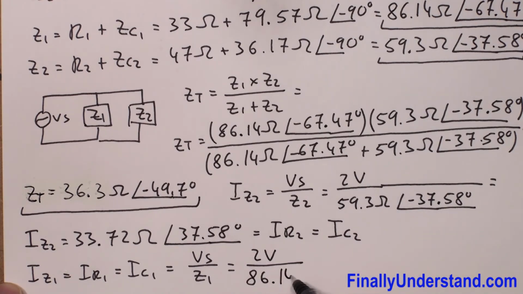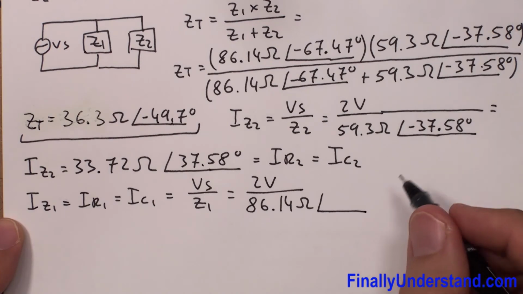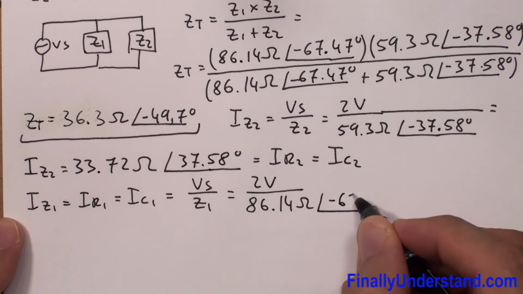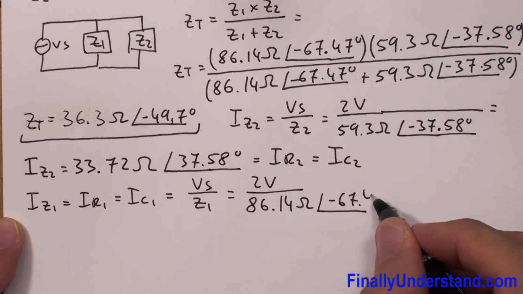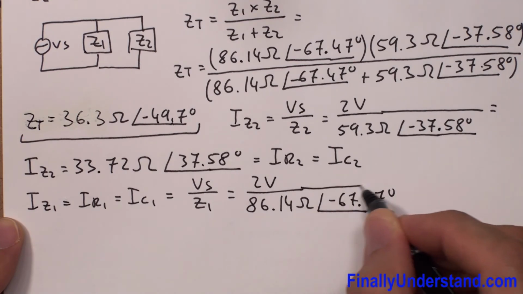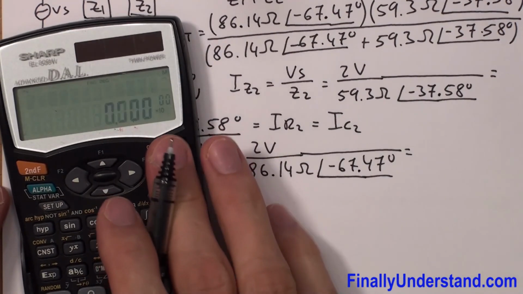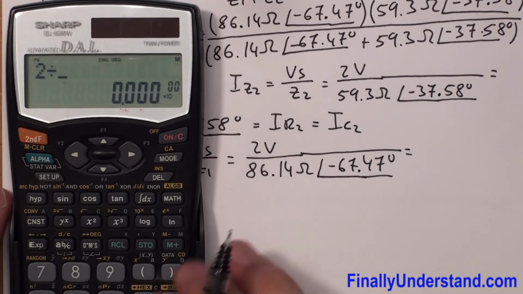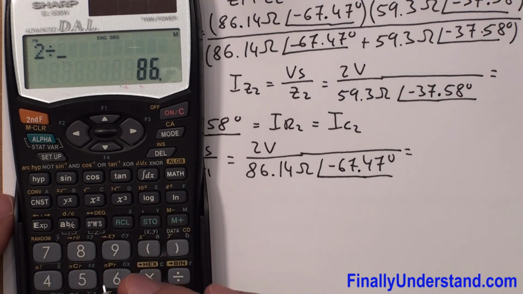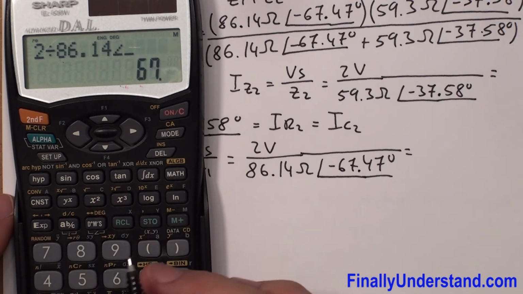86.14 ohms, okay, and angle of negative 67.47 degrees. Okay, so this is equal, use the calculator, so I have 2 divided by 86.14 and angle of negative 67.47.